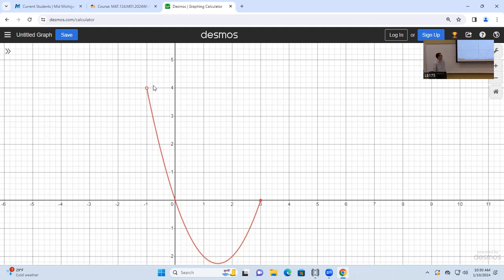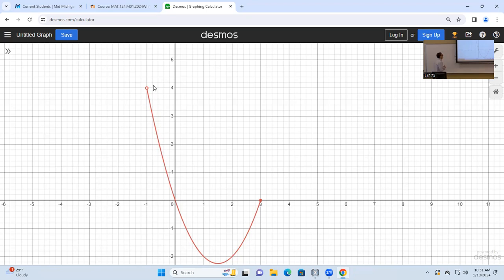That means my graph doesn't touch that point. On the right-hand side, the rightmost point is (3, 0), and it is a closed circle. A closed circle indicates that my graph touches that point.